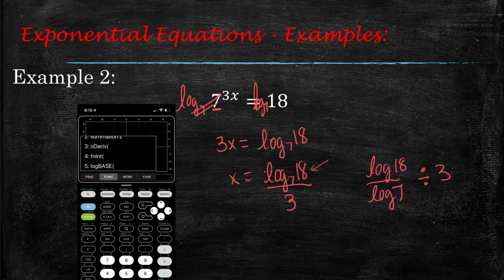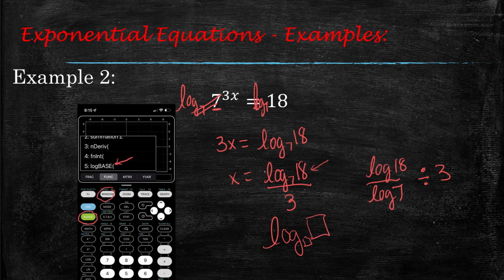you will click Alpha and then Window. That's going to bring up this screen right here, and you can see that your number 5 says log base. Once you click that, you're going to get something on your calculator that has a little space there, and a space there.